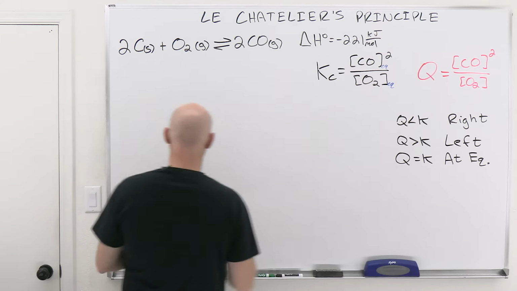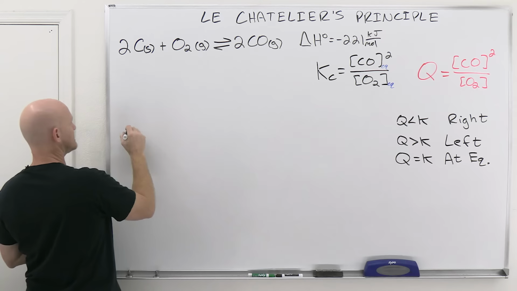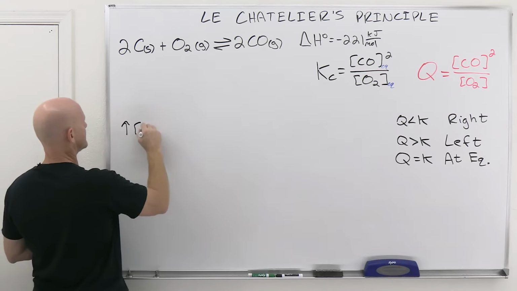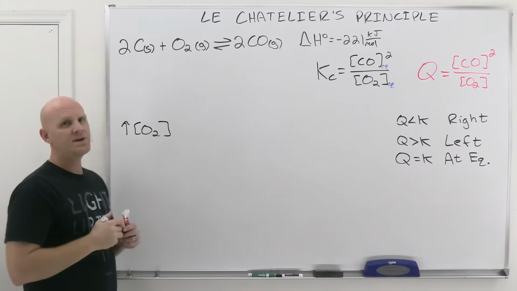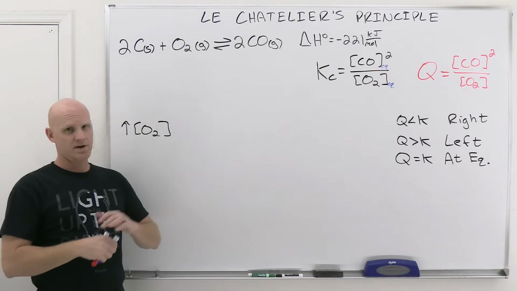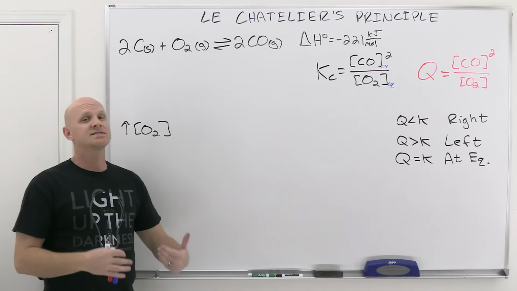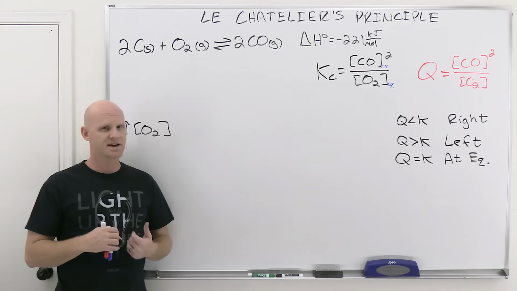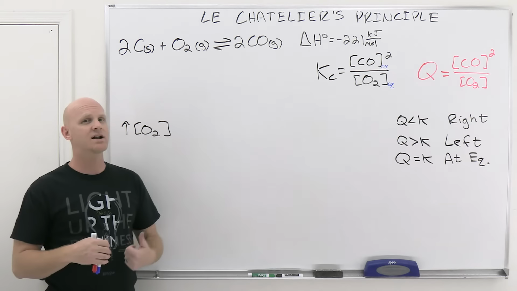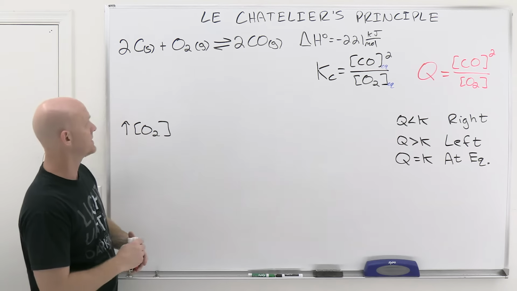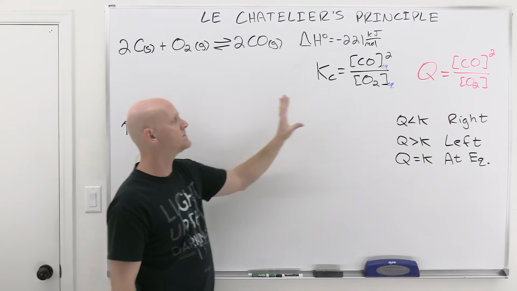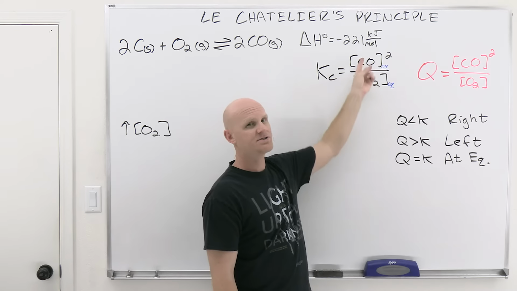And so we're going to look at some stresses, or at least potential stresses, and see what effect they're going to have. And so the first stress we're going to look at is increasing the concentration of O2. Now, the first thing we've got to ask ourselves, is it a stress? And a stress, again, is defined as anything that takes the system out of equilibrium, that removes it from equilibrium. Well, in this case, by adding O2, I change the ratio.